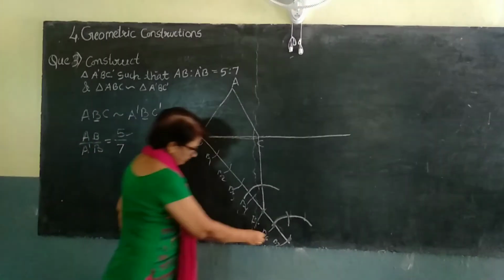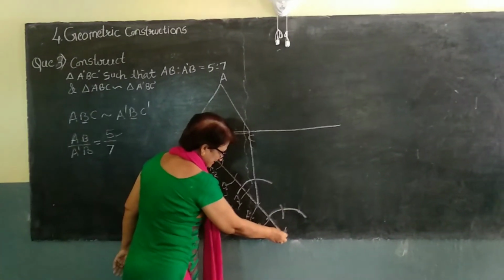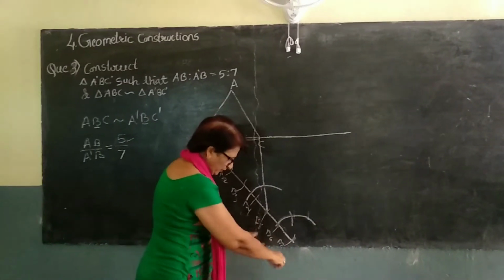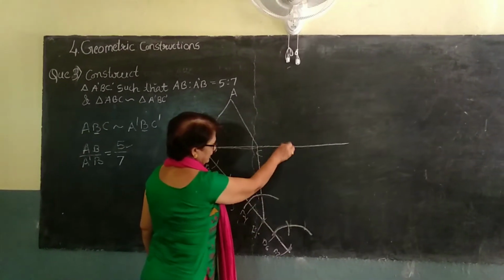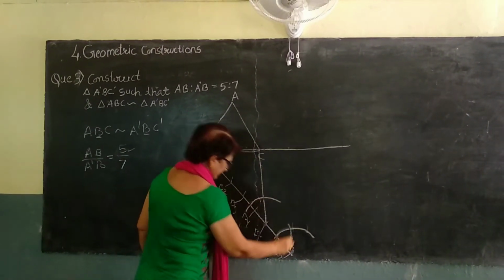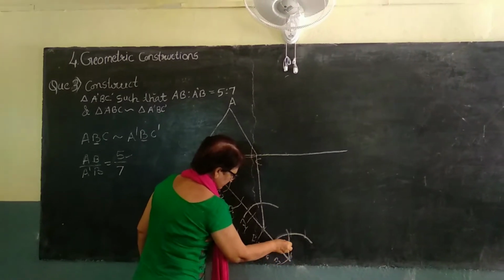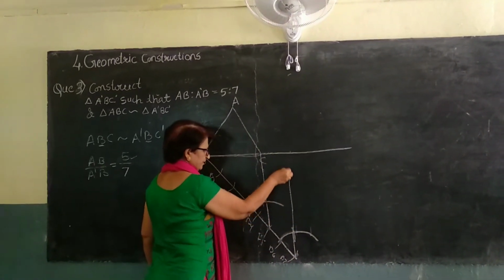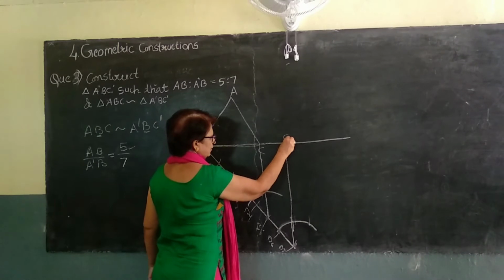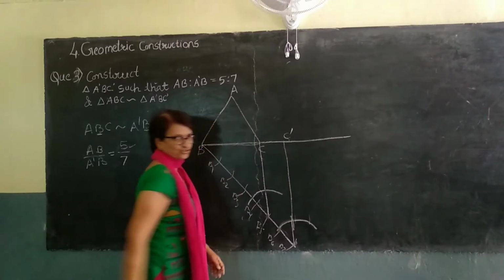Now join point B7 and this point directly with the line of BC. So this will come here.